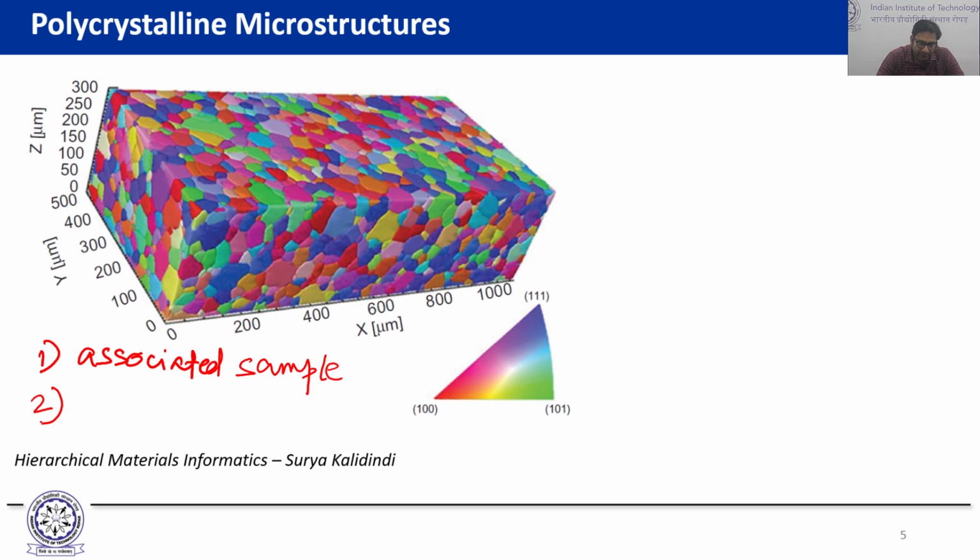Then we will have a second coordinate system, or rather a series of second coordinate systems, associated with the individual grains. So we now have two different Cartesian reference frames, one associated with the frame of reference for the sample, the other associated with the frame of reference for the crystals themselves, or the grains.